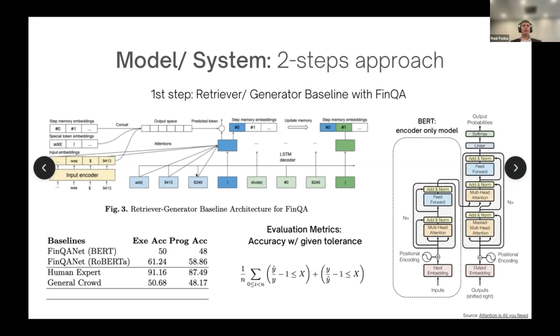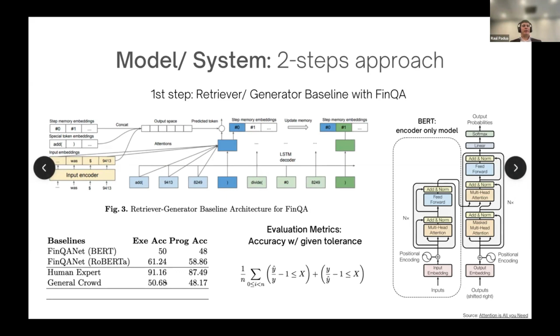And here in our approach, we retrieve the information using BERT, and we used it as the baseline. This is also an opportunity for improvement in the future, where an LSTM decoder was used. We very nearly replicated the accuracy using BERT. But we can see there's still a way to go to get to human expert level.